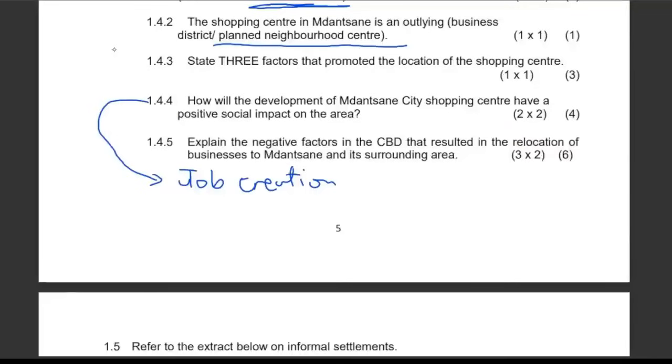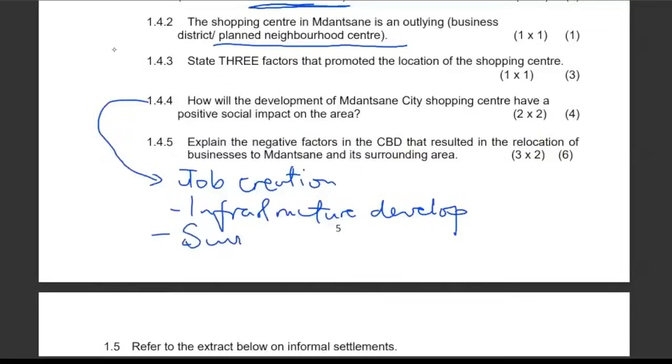And also, infrastructure development. The area is going to have infrastructure developed, for example, roads or water facilities. What is also going to happen is a saving to people. People no longer need to travel.